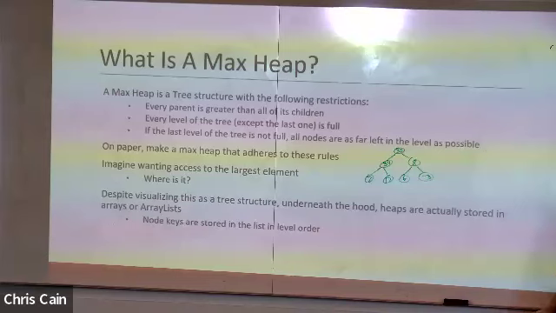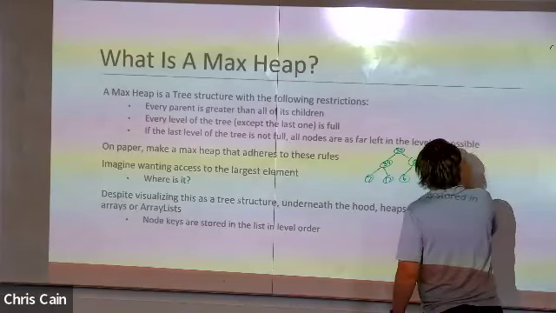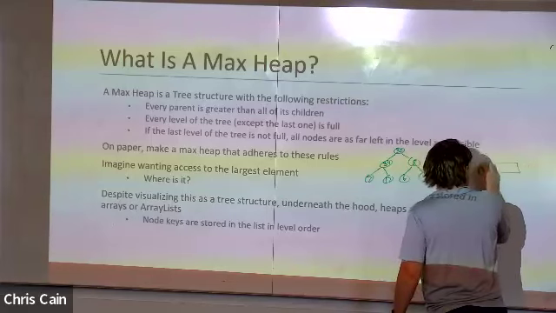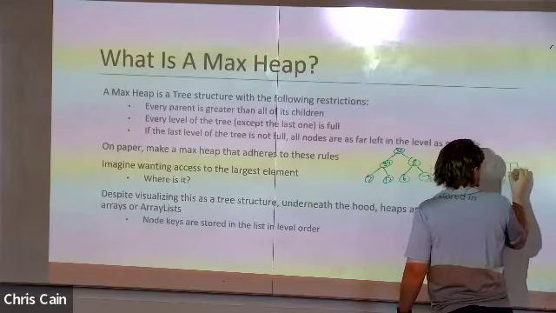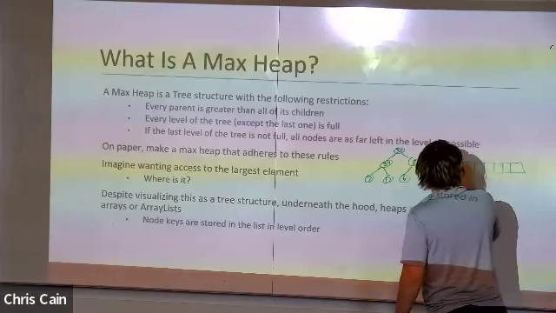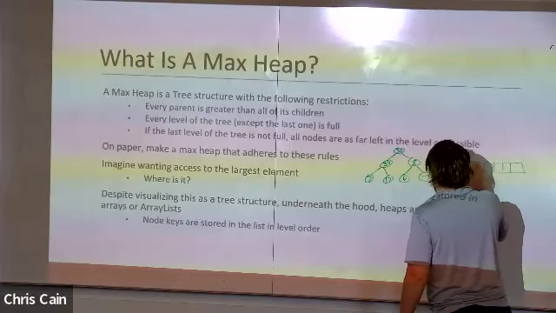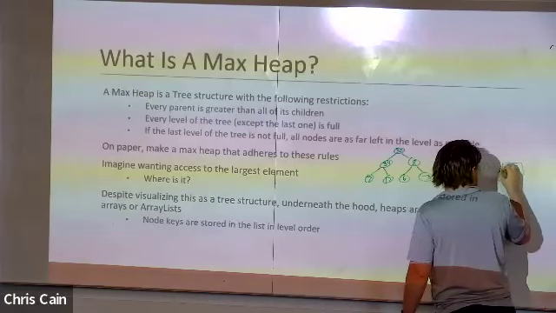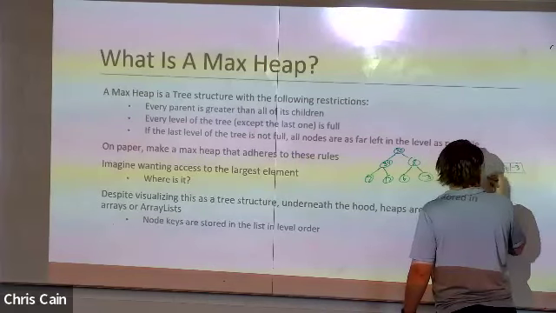So if we're going to make an array that has this structure, there are 7 elements. We're going to have 35 stored here, 34 stored here, 8 stored here, 7 stored here, 17 stored here, 6 stored here, and -3 stored here.